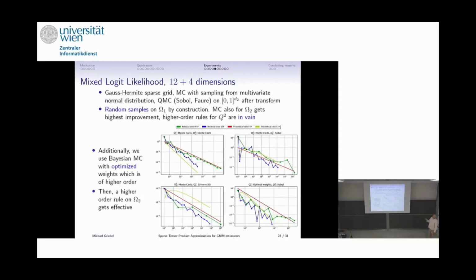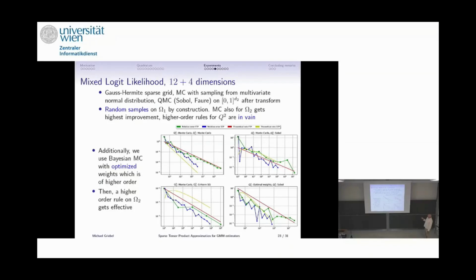Okay, and we apply all these different techniques, but recall on omega 1, we have random samples by construction, and Monte Carlo is used here first of all. And if we do Monte Carlo against Monte Carlo, this was a 12 plus 4-dimensional overall integral. For the 2 blocks we do Monte Carlo, then we still get this factor of 2 in the speed up.